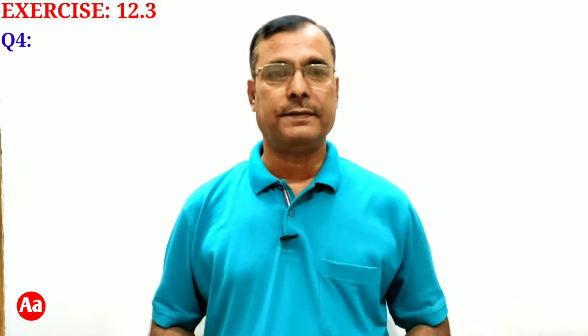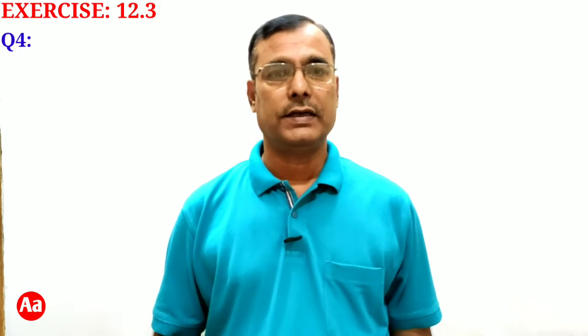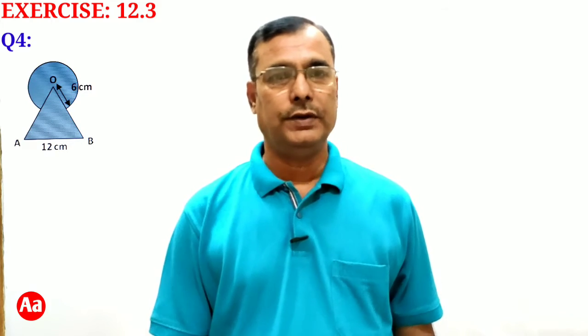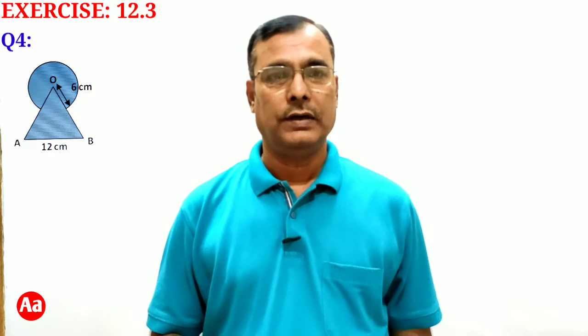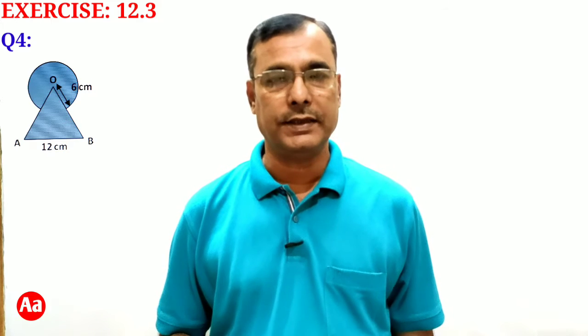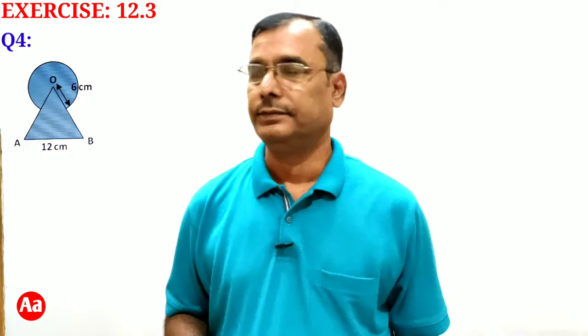Question number 4 is find the area of the shaded region in the given figure where a circular arc of radius 6 centimeter has been drawn with vertex O of an equilateral triangle OAB of side 12 centimeter as center.